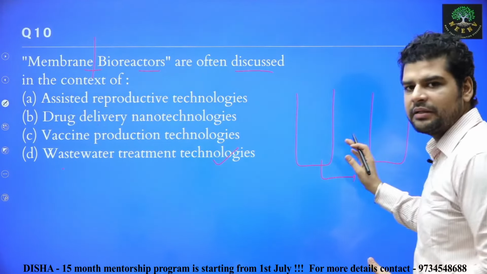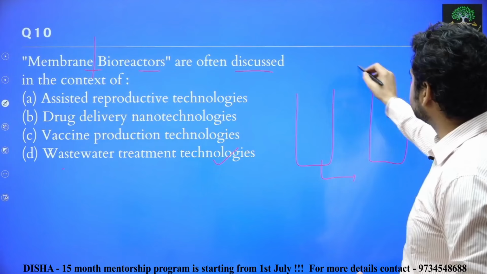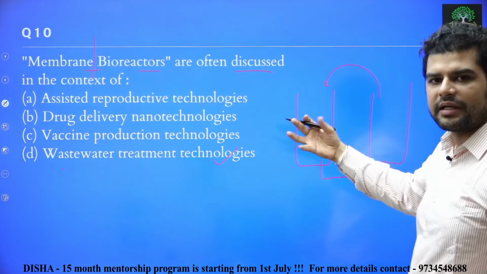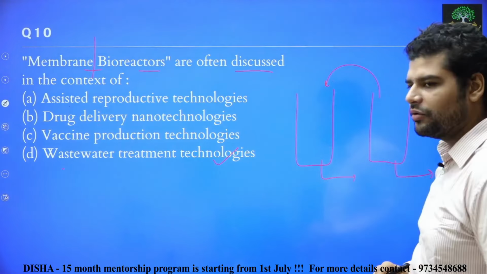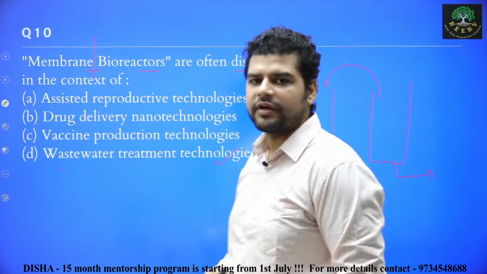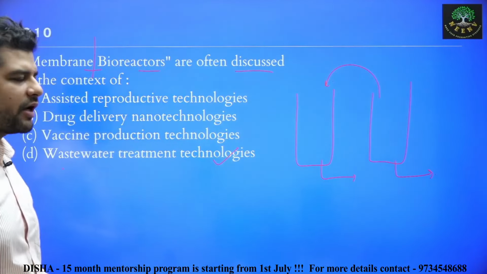Now this membrane separates solid from liquid, and that solid is sent back into this container, which has the bacteria and protozoa, and the water is taken out and sent to wherever we want to use it. So this is the role of membrane and bioreactors.